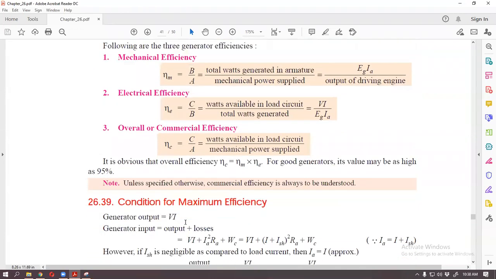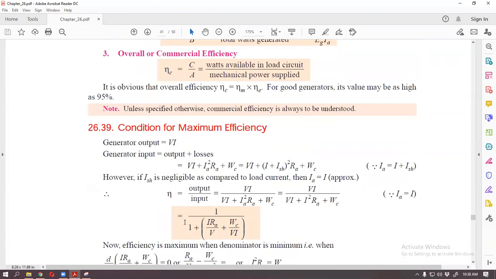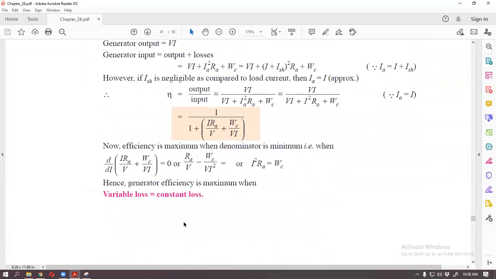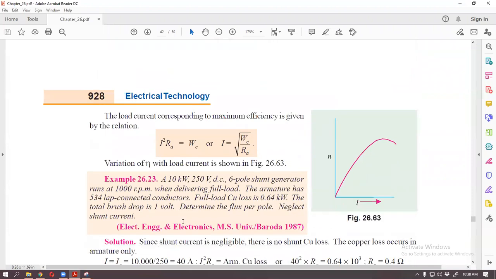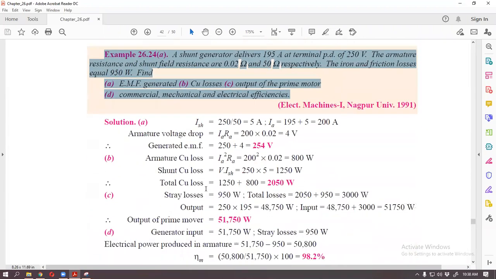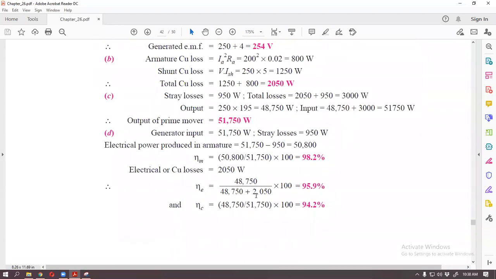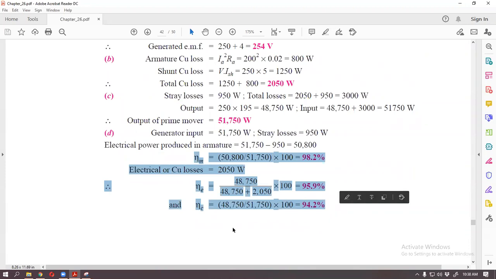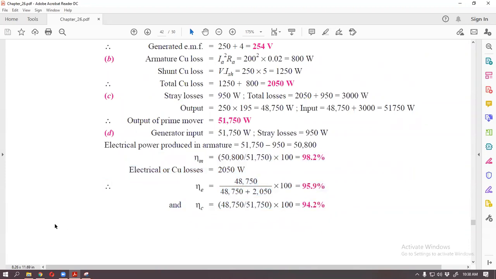One problem was already solved in our previous class. This is the percentage of efficiency. Mechanical efficiency 98.2%, this is 95.9% and 94.2%. This is the efficiency. Okay, all are clear?